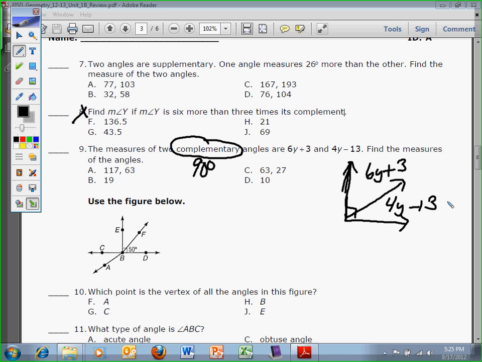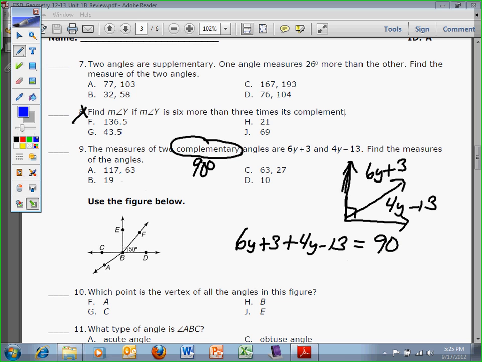Now I'm going to need to solve for y first. So I've got to come up with an equation. Well, I know both these angles added up together have to give me 90. So I'm going to write 6y plus 3 plus 4y minus 13. So the value of both angles added together gives me 90.